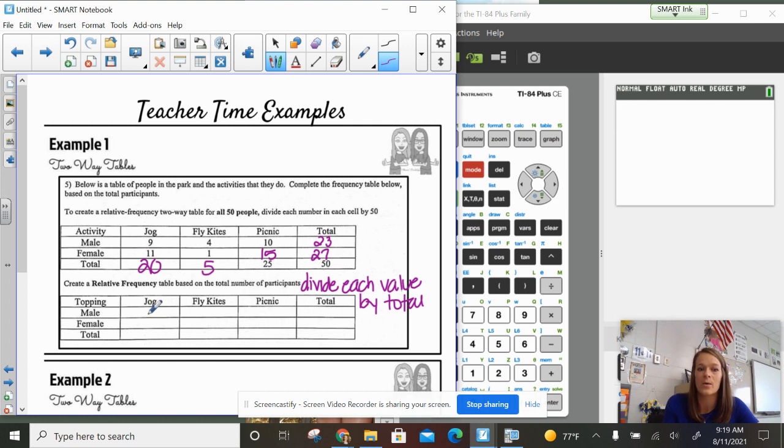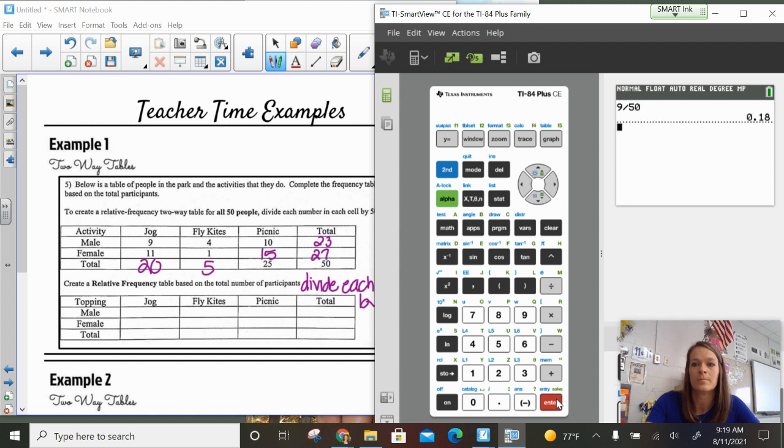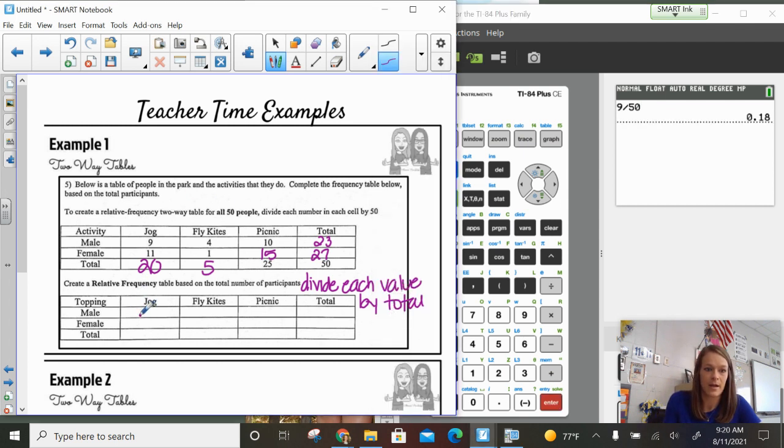So for males that jog, when you read your table, where the columns meet, males that jog will be right here, which was 9. I'm going to divide that by 50. So 9 divided by 50, that gives me 0.18. So that's what I'm going to write over here.